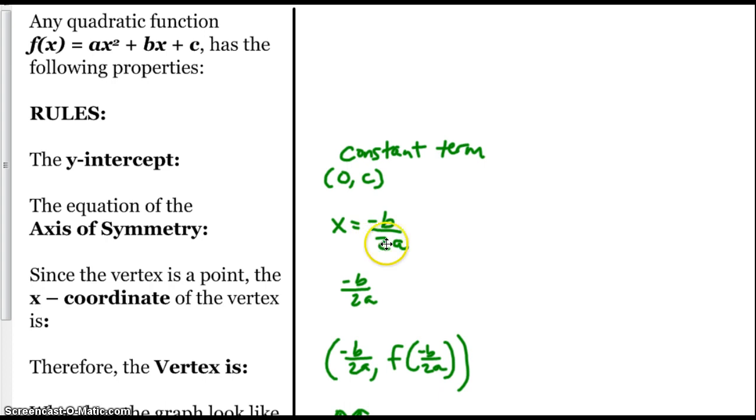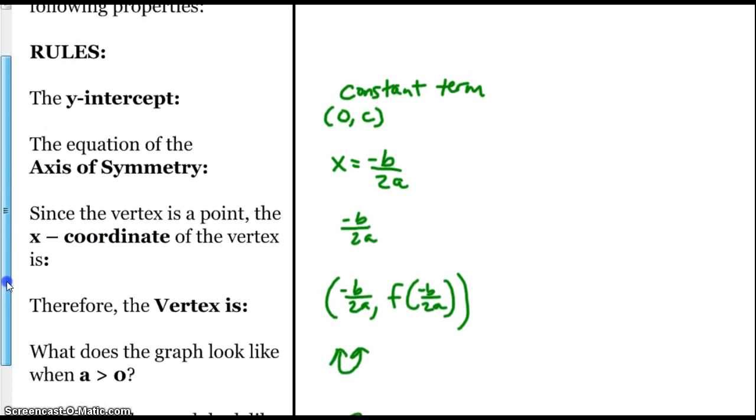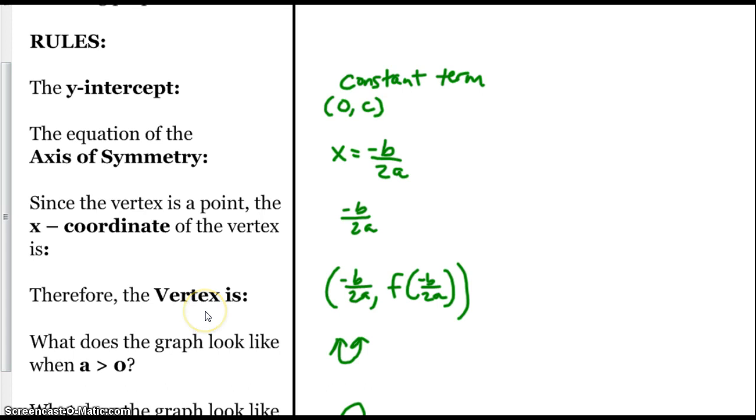And because that axis of symmetry goes through your vertex, that's also going to be your x-coordinate. And then to find the whole vertex, the x and y value, the x can be found that way, and then the y value of the vertex can be found by taking that x value and substituting it into the equation.